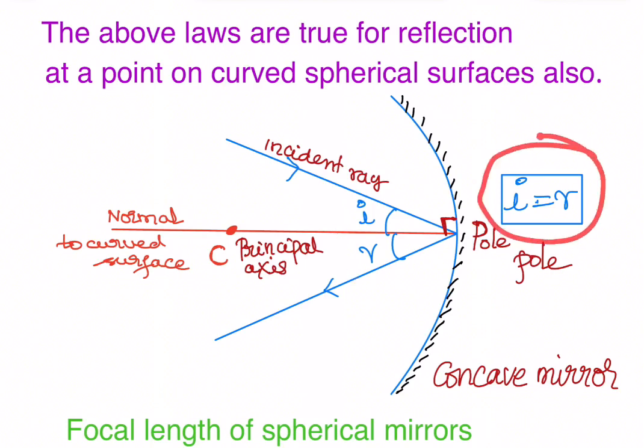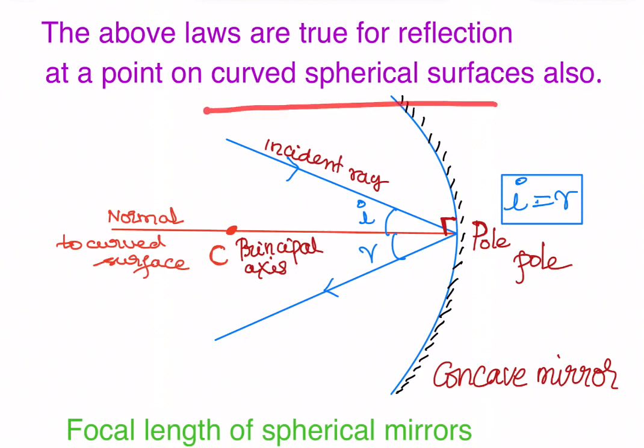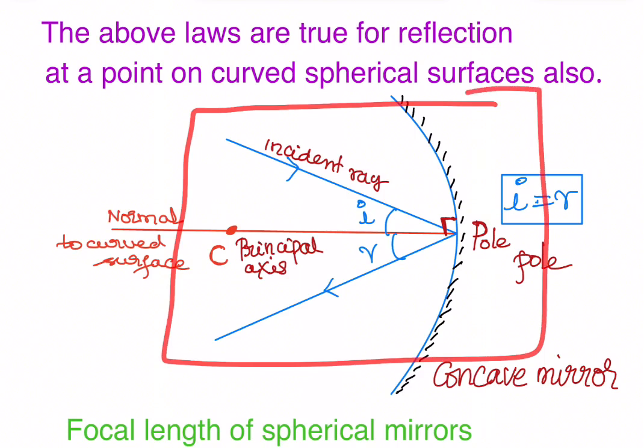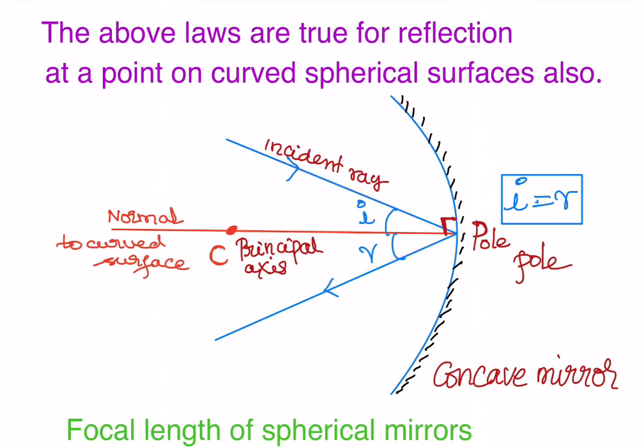The angle of incidence is equal to the angle of reflection. It is true even for curved surfaces. Plus, the incident ray, the reflected ray and the normal drawn to the point all lie on the same plane.